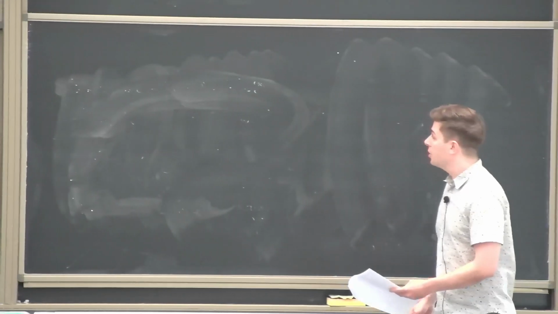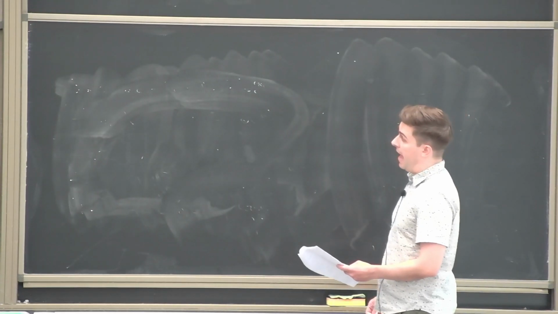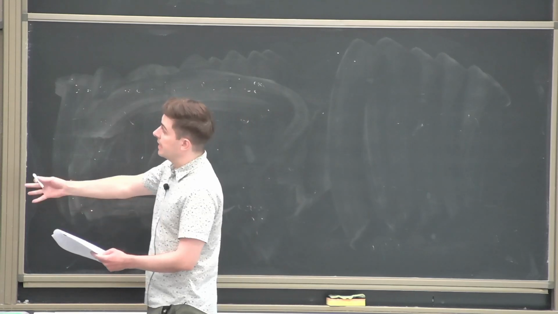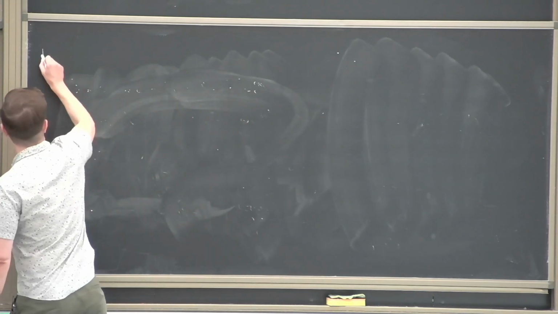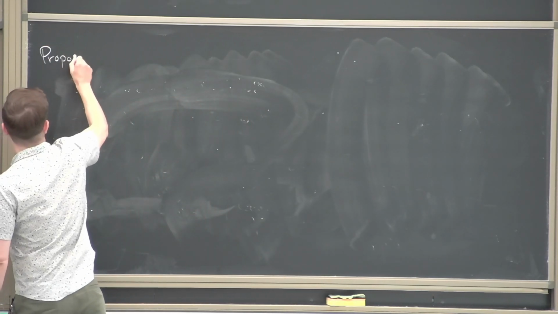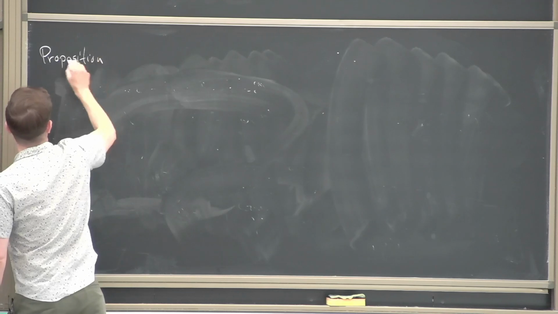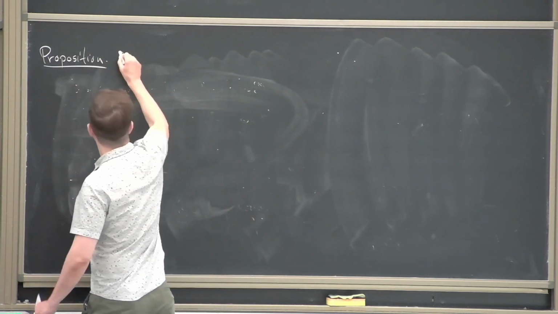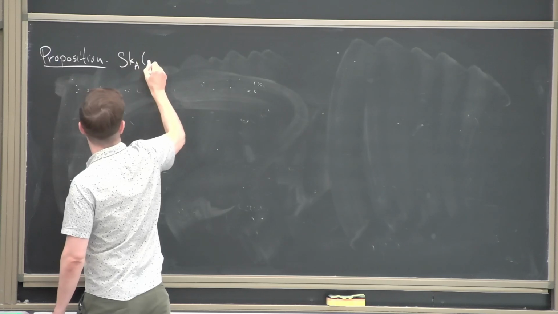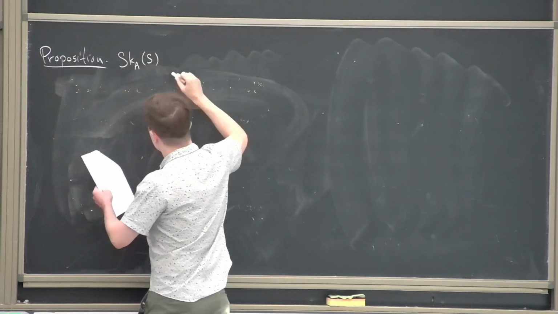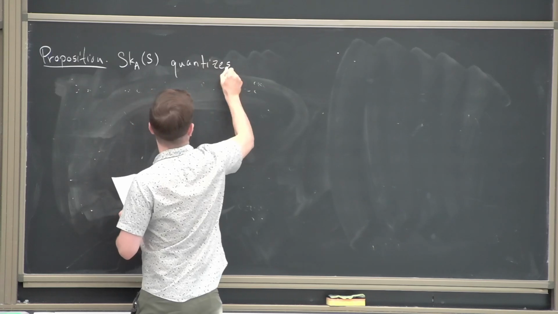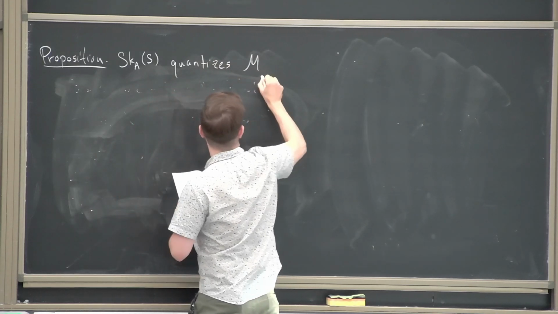Now this is a noncommutative algebra, and what is important is that this is a quantization of the algebra of regular functions on the SL2 character variety. So let me state it here as a proposition: the skein algebra quantizes the character variety.